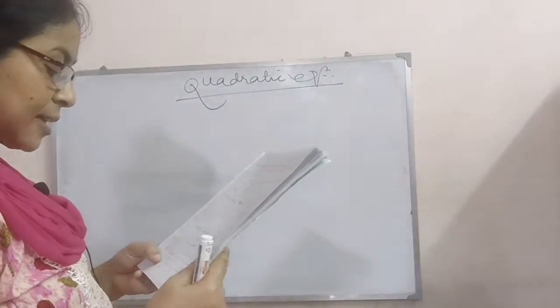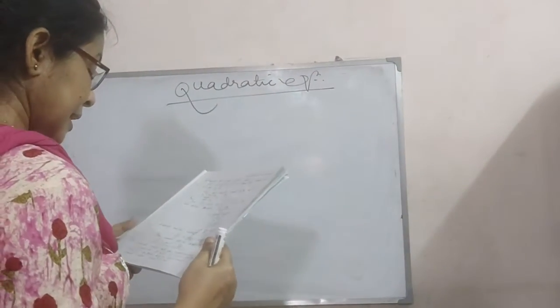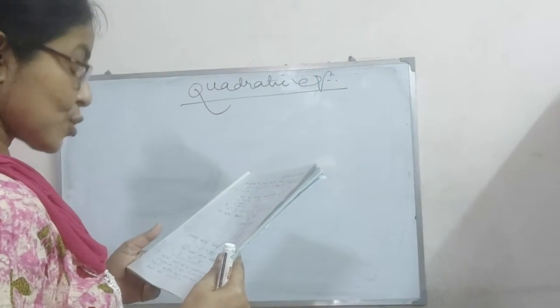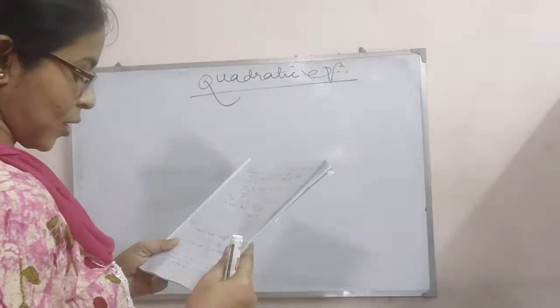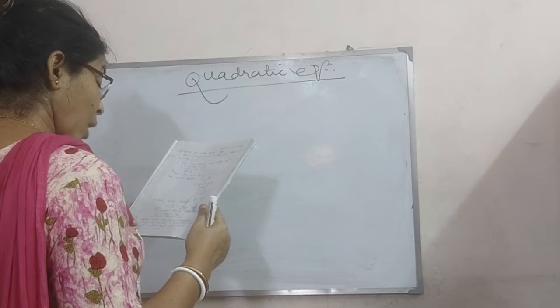Here the question is, if the roots of the quadratics differ by a constant, prove that p plus q plus 1 equal to 0.